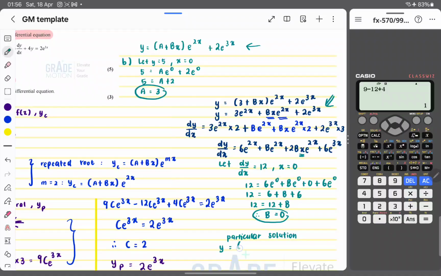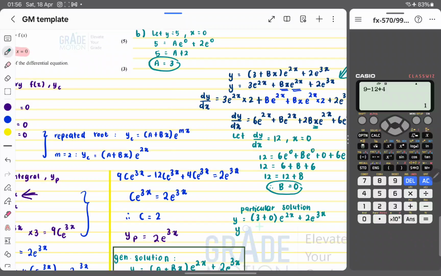So y equals to (a, 3, plus b, 0), so I can just put plus 0, e^2x plus 2e^3x. So this will become y equal to 3e^2x plus 2e^3x.